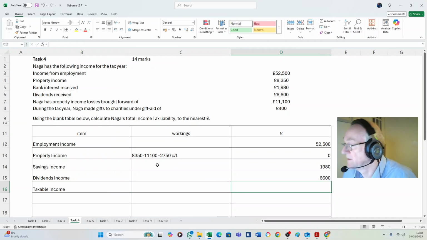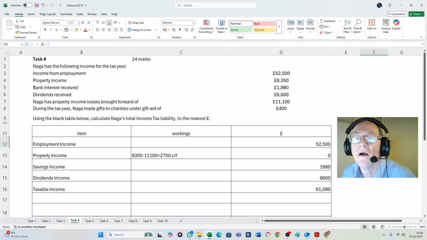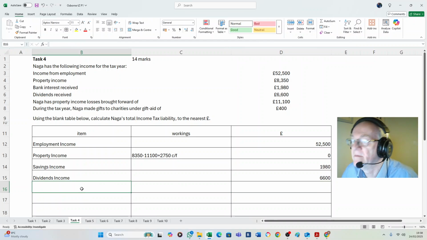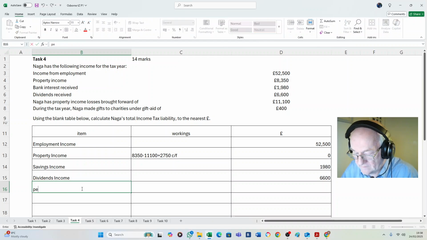And then taxable income is actually just going to be the total of these, except I've forgotten something. Oops. I forgot to take my personal allowance off.